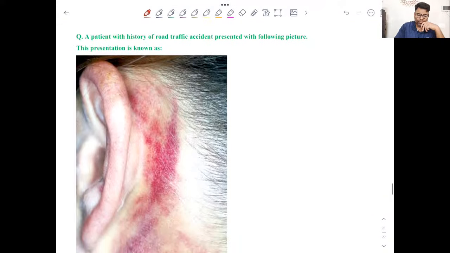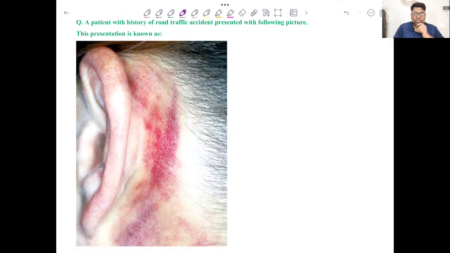Now I think most of you must be knowing what is being shown in this image. So a person is having road traffic accident, and then he developed post-auricular hemorrhage, right? So this is all post-auricular hemorrhage, and this is known as classical Battle sign. So here this is the area of mastoid process.